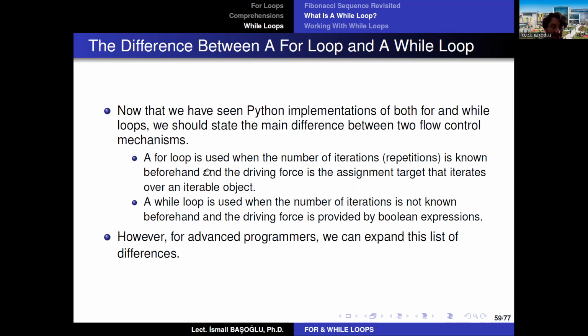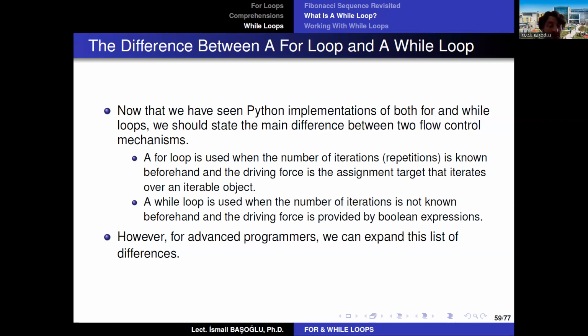The main difference is this: in a for loop, the driving force is the assignment target, taking the elements of an iterable object one by one. Since the size of that iterable object is deterministic, we know how many times the for loop is going to be repeated. If the number of times that the code block inside the for loop is to be repeated is known beforehand, then a for loop mechanism is better.